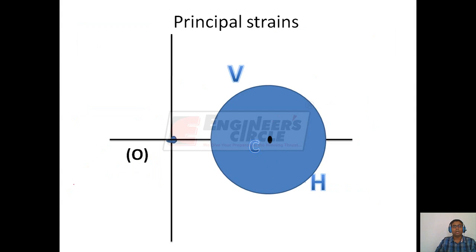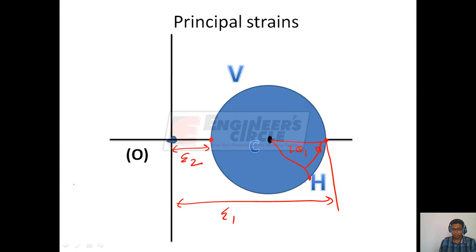Now, principal strains are maximum and minimum normal strains at a point. It can be clearly seen that this point is representing the maximum normal strain epsilon 1 and this point is representing the minimum normal strain epsilon 2. The angle of principal direction is to be taken from horizontal direction like this. So this angle is 2 theta 1 and this angle is 2 theta 2.